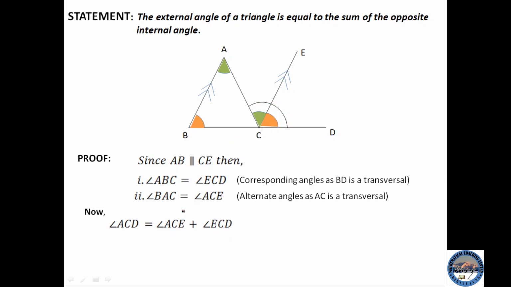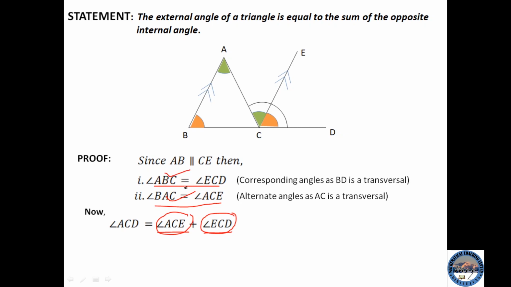But again, we know that angle ACE is equal to BAC and ECD is equal to ABC. So we'll replace ACE by BAC and we'll replace ECD by ABC.